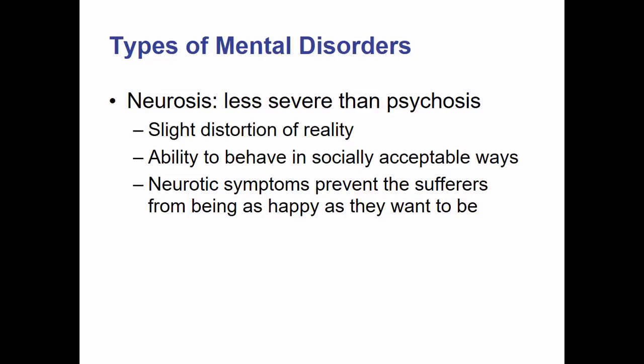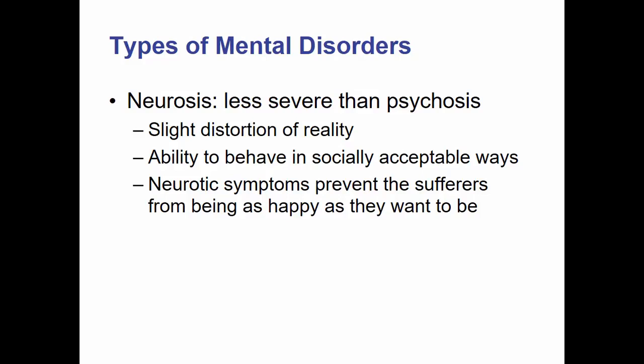So moving on from psychosis, a neurosis is effectively a less severe psychosis. The individual is not perceiving reality as it actually exists, but they're not hallucinating. Their reality is just distorted.